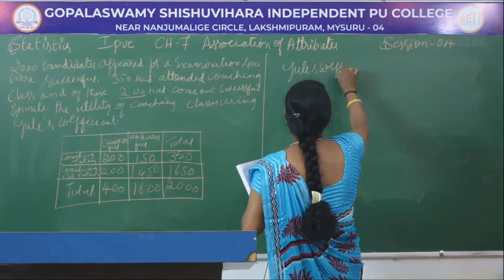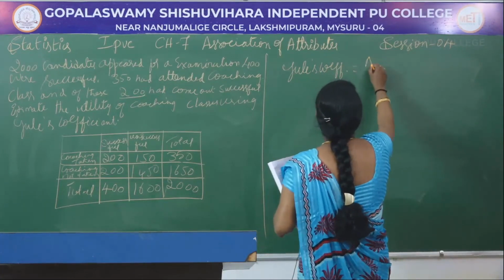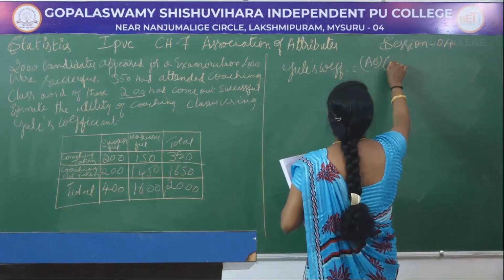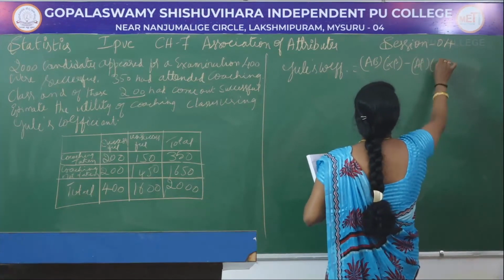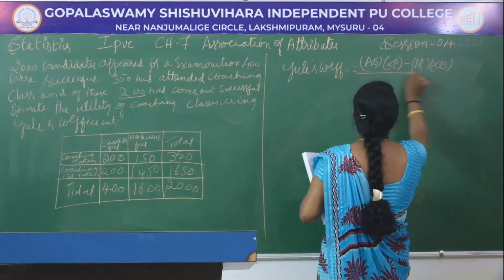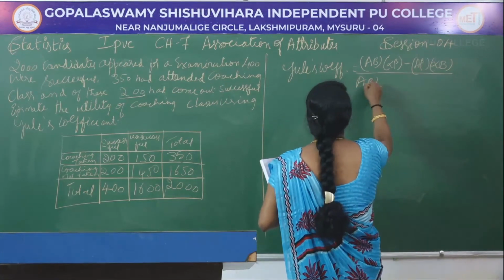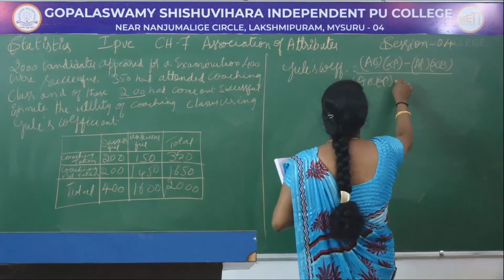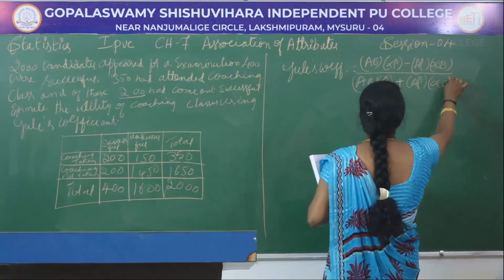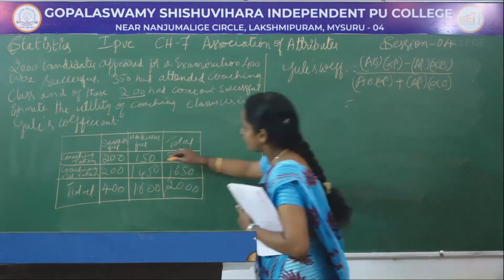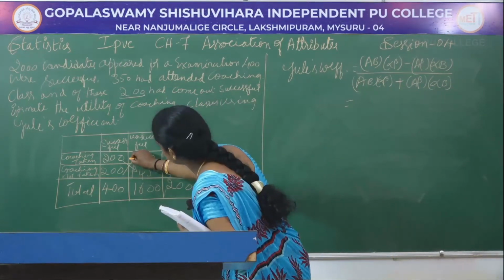Yule's coefficient is equal to (AB)(αβ) minus (Aβ)(αB) divided by (AB)(αβ) plus (Aβ)(αB). Now you have to take the cross multiplications of this.